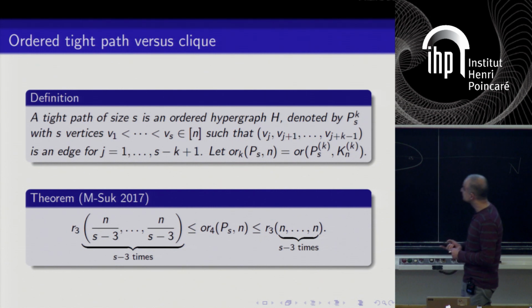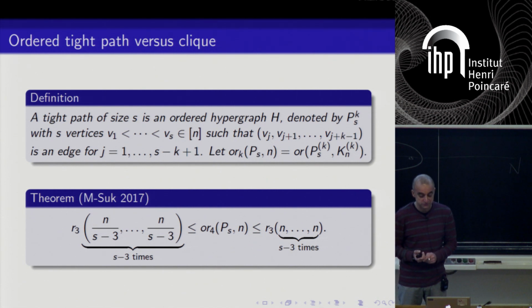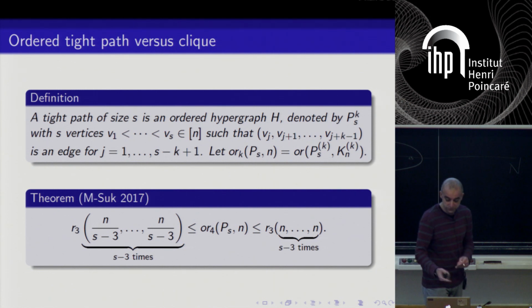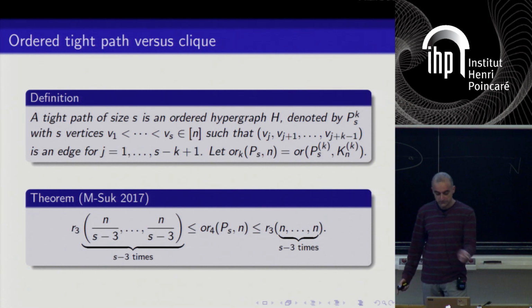And the theorem we proved is actually this upper and lower bounds for the ordered Ramsey number in terms of the diagonal Ramsey numbers for hypergraphs whose uniformity is 1 smaller. This is also a special case of the general result. But if you see this theorem, you immediately see that if you have a bound for the ordered number, you have a bound for the diagonal, and vice versa.